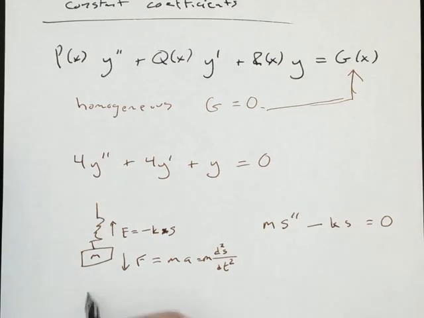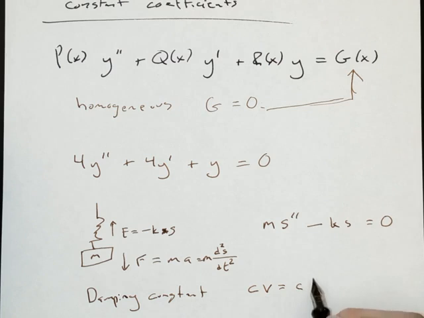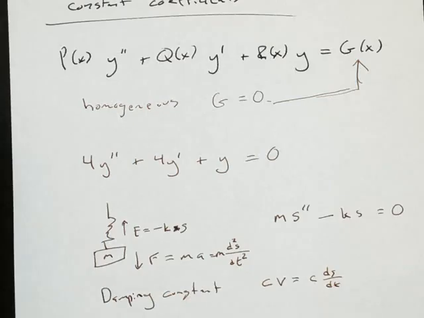And that dampening effect, the damping constant, is related to the velocity. But velocity is the first derivative of position. And it should slow us down, right? So this again should be a negative.